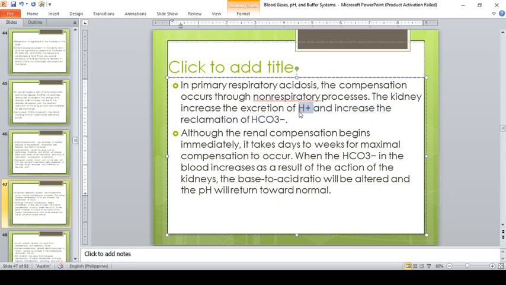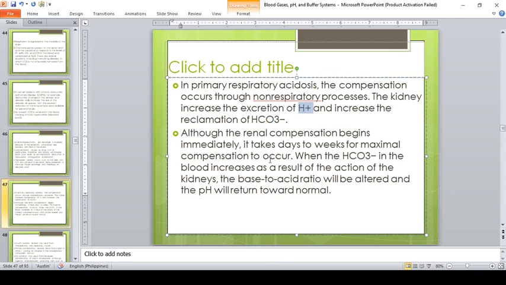So, meron kang respiratory acidosis, acidic na. So, anong gagawin ni kidney? I-eliminate niya yung acid, that is in the form of hydrogen ion, to balance the acid base. I-eliminate niya yung hydrogen ion, i-keep niya yung bicarbonate para ma-balance, magkaroon ng acid-base balance.